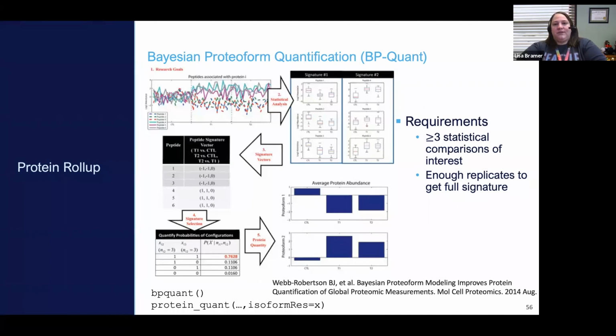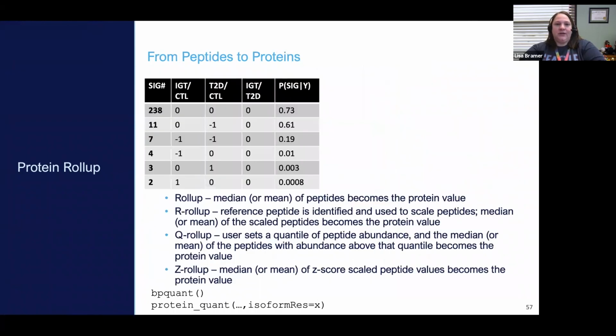The way this works is very similar to the previous slide that I showed you. If we go back to this example of the different signatures expressed across groups of peptides, we have the 238 peptides that show no statistical difference, and 11 peptides that do show some differential expression between type 2 diabetes and the control group.